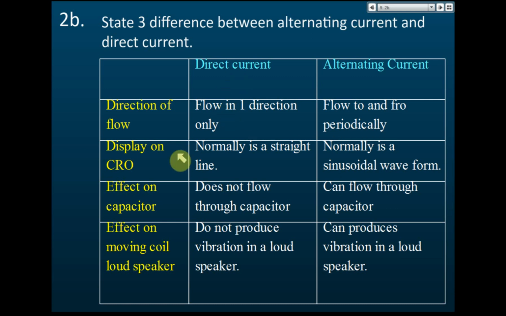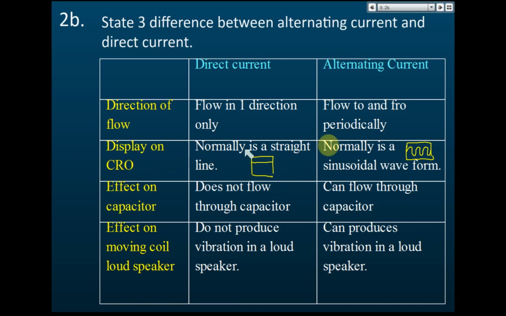Direct current can be displayed on a cathode ray oscilloscope, and normally it's a straight line. Usually in the cathode ray oscilloscope, for direct current, you will see a straight line.